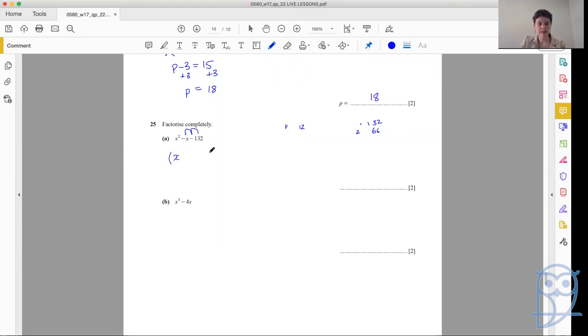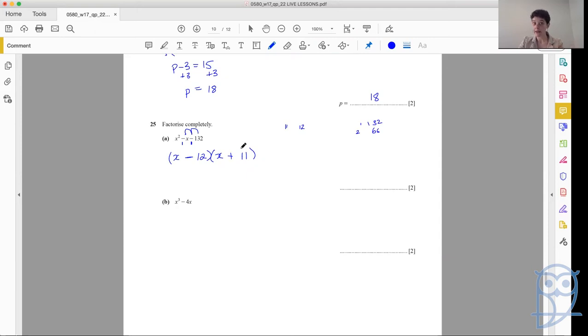Okay, so x and x. We know that our numbers are 12 and 11. We know we need different signs because we have minus 132. So then we look at this sign and we say the bigger one should be negative. So who's bigger out of 12 and 11? It is 12. So minus 12 plus 11.